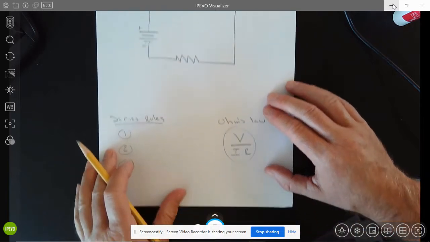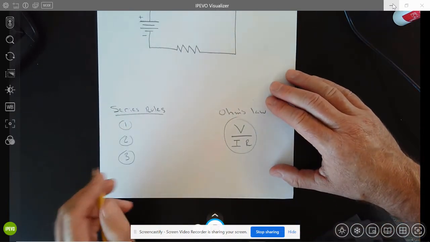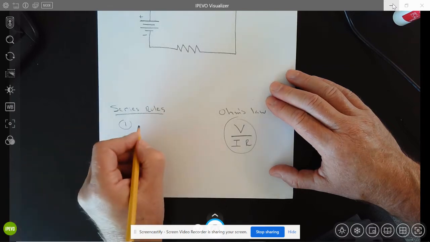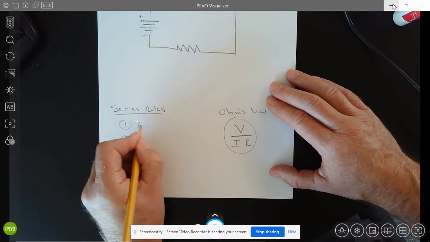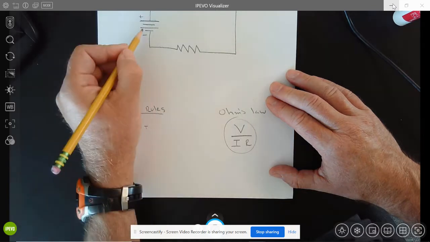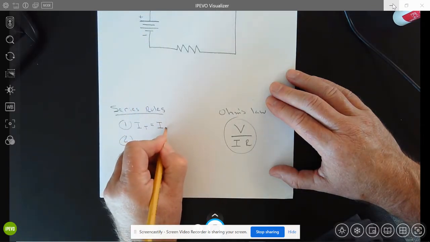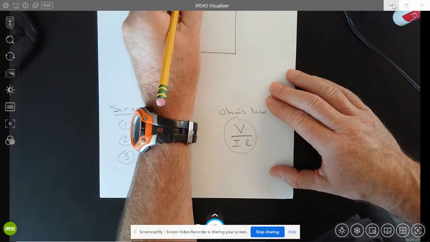So one of the rules we have about a series circuit is all currents are the same. Scientifically, we write that as I_T, for total, is the battery, equals I_R1, for resistor 1.